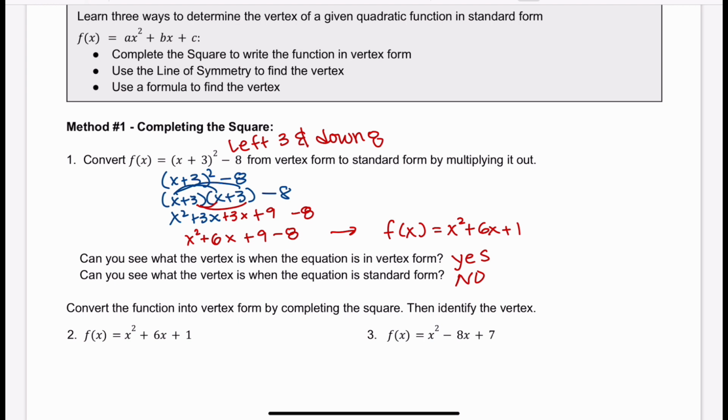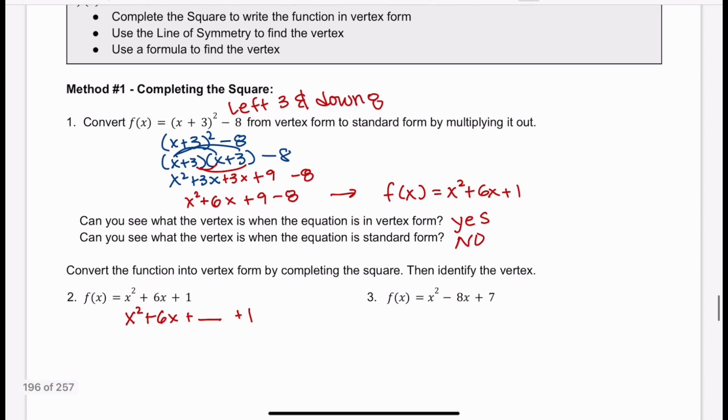Now, what I needed to do is first make a perfect square from these numbers here. I'm going to take my x squared plus 6x and just look at those numbers there. And I need to add a number to make this a perfect square. I need to get to this piece here. Now, how do I do that? Number one is I'm going to take my 6x and cut it in half.